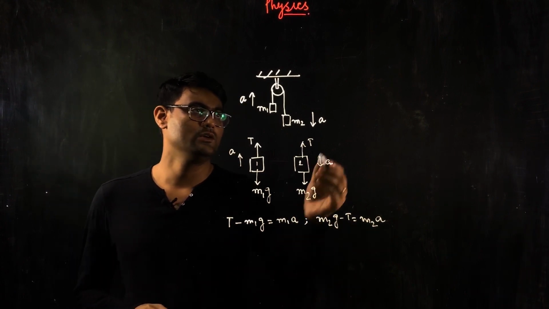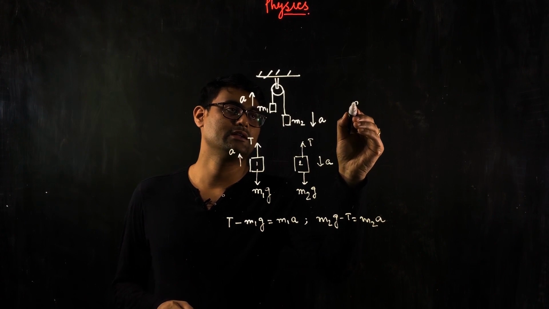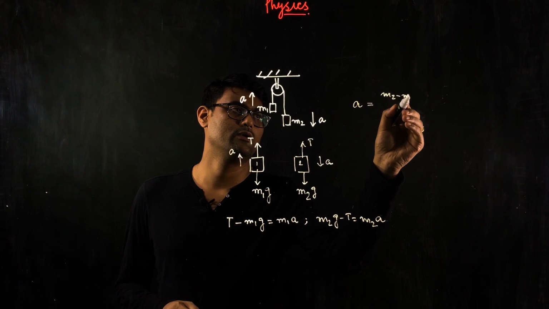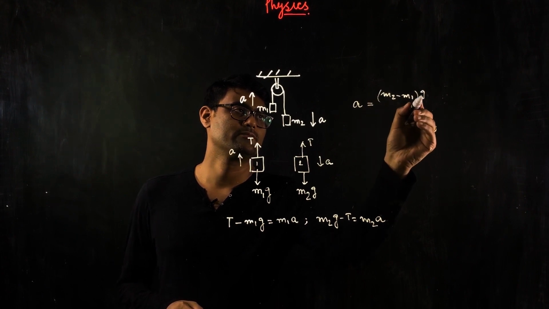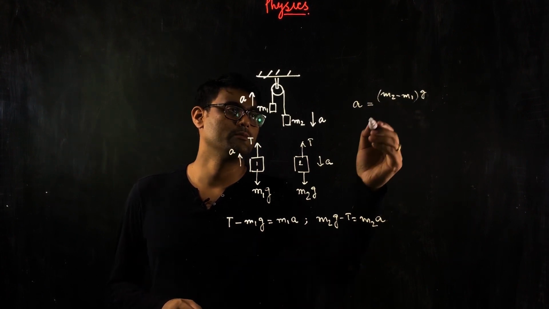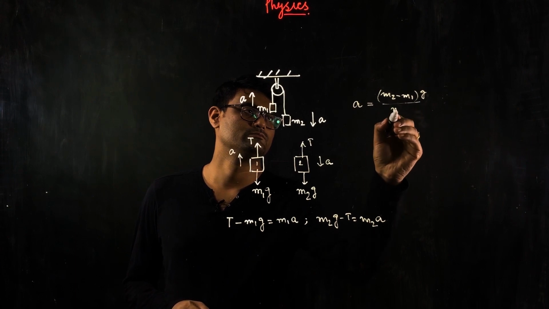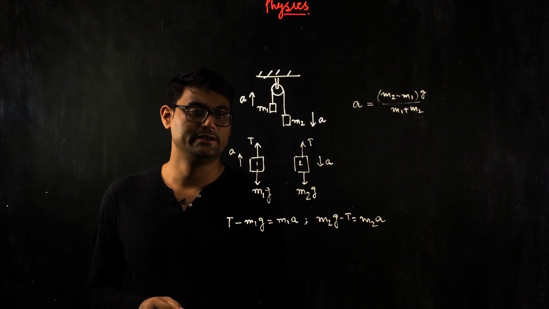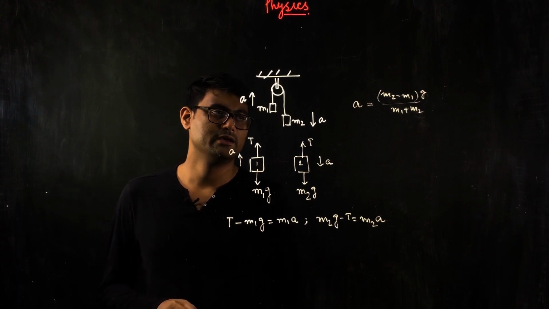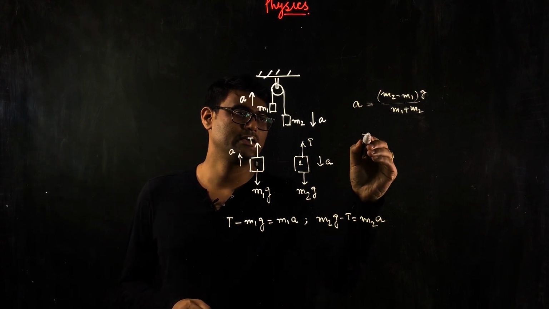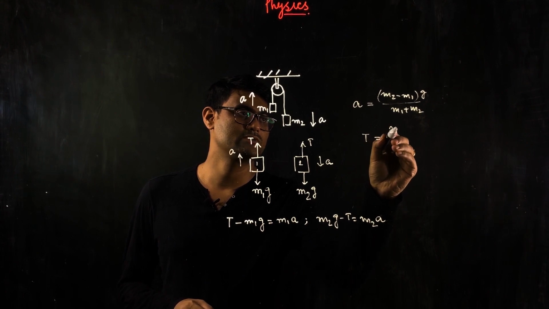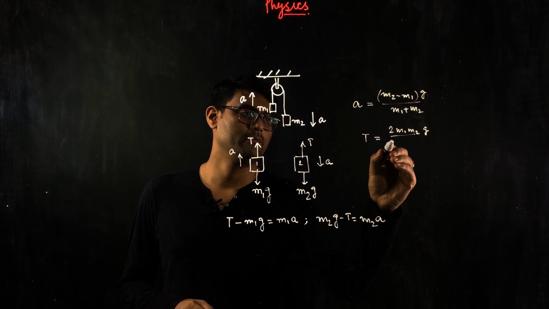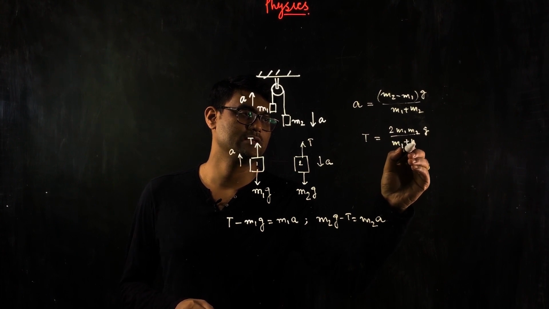After solving, the result is A is equal to (M2 minus M1) into G divided by (M1 plus M2). This is the acceleration. Regarding the tension in the string, the value of T you will find is 2 M1 M2 into G divided by (M1 plus M2).